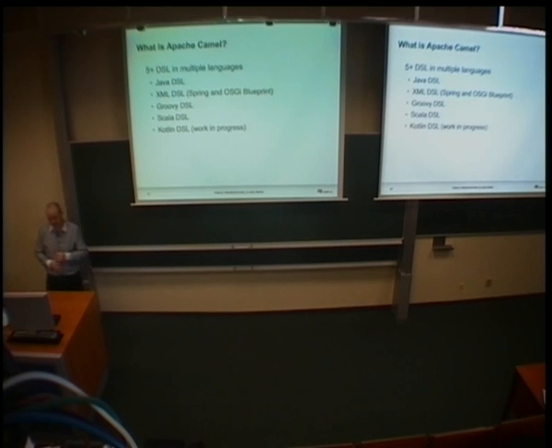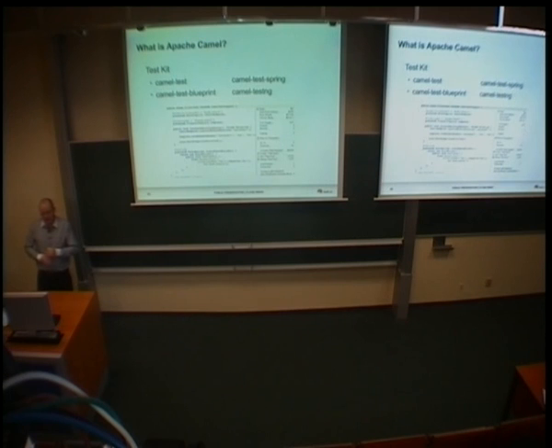I have to say that the Groovy DSL in the upcoming Camel 2.11 has been improved a lot using some of the new stuff that comes in Groovy 2.0. There's a Scala DSL, and we also have a Kotlin DSL in the works, and a possible future as well.